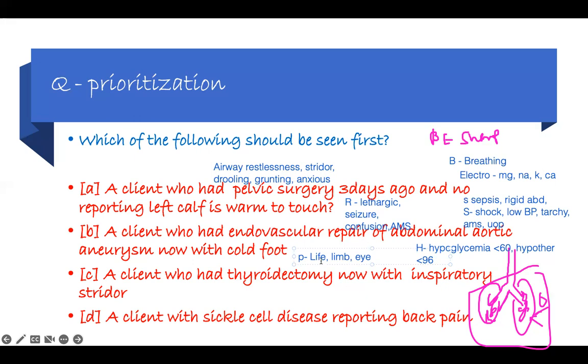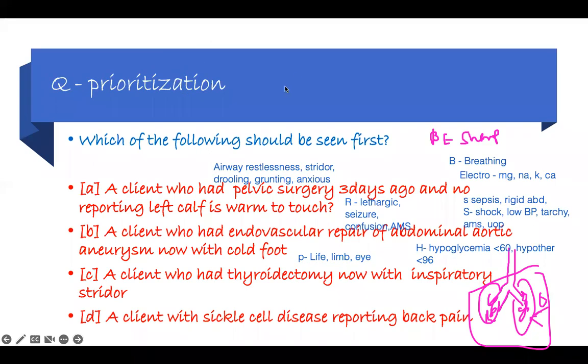Not somebody who has kidney stone pain or a sickle cell patient who has pain or somebody who fell down and has no fracture. Don't worry about it. All you need to care about is life, limb, eyesight. And when you're doing that, you are being sharp. That is what it means by being sharp.